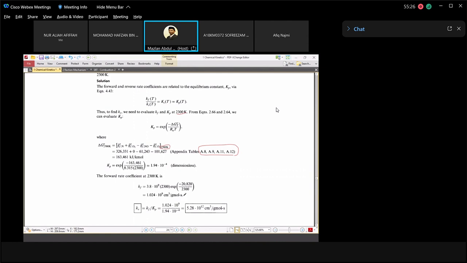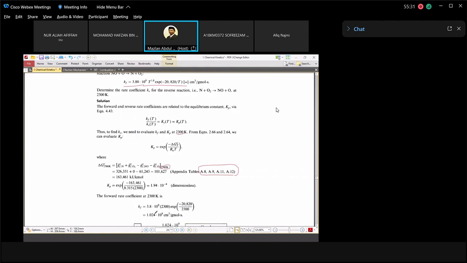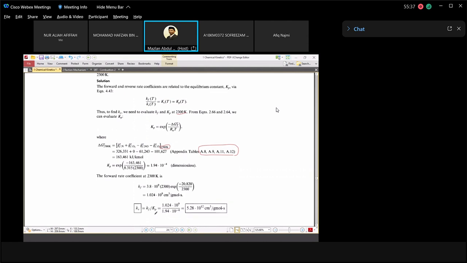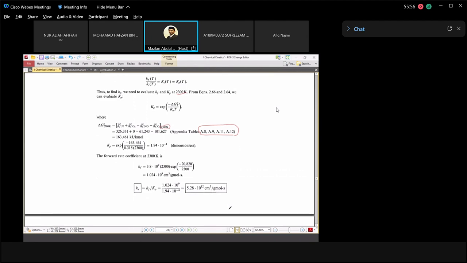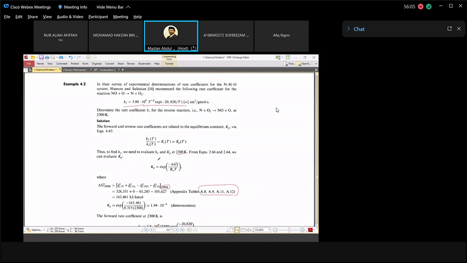Kr is equal to Kf over Kp. Kp you got already, 1.94 times 10 to the negative 4. So you just put it there, and Kr is equal to 5.28 times 10 to the negative 12 centimeter cubed per gram mole per second. So this is the example for this particular reaction, example 4.2.